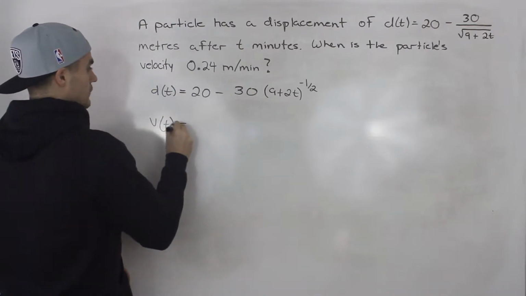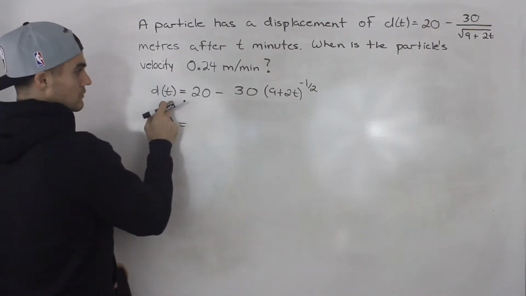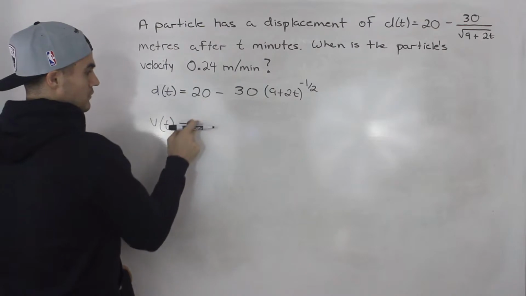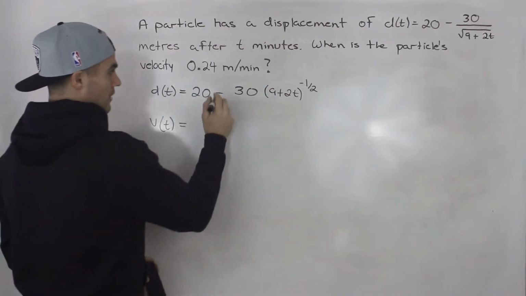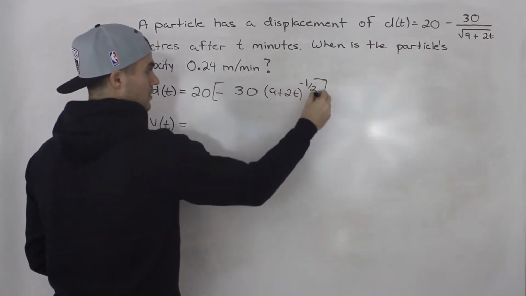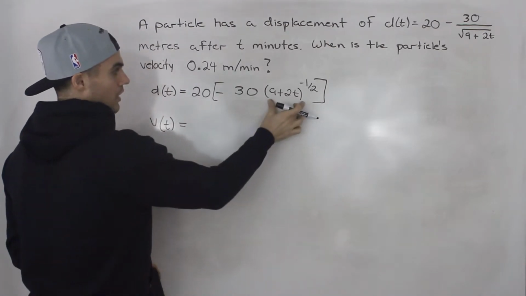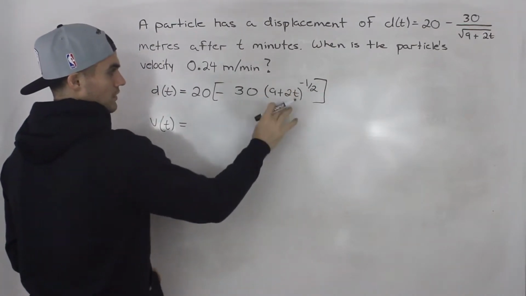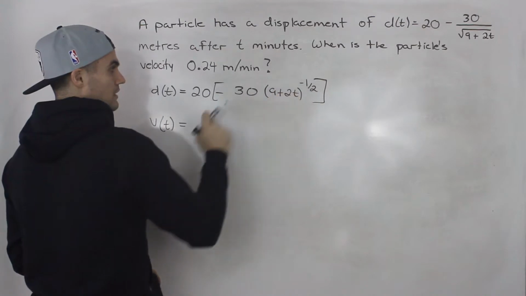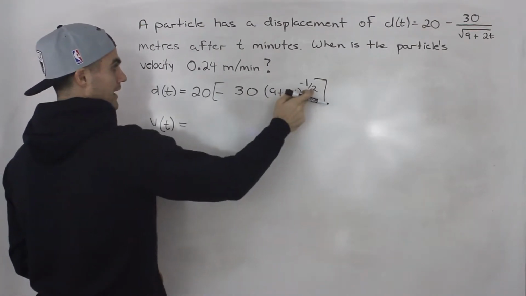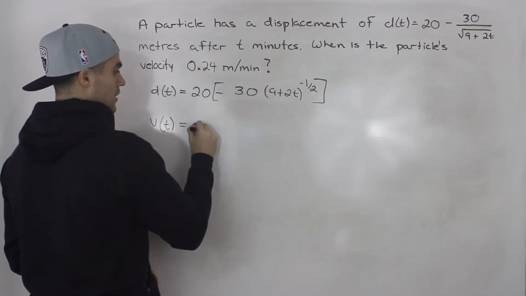So now let's find the velocity function, which is just the derivative of the displacement. The derivative of 20 is 0. Then for this expression, we have to apply the chain rule, because notice it's a function within another function. Bringing that negative a half down, negative a half times negative 30 gives us positive 15.